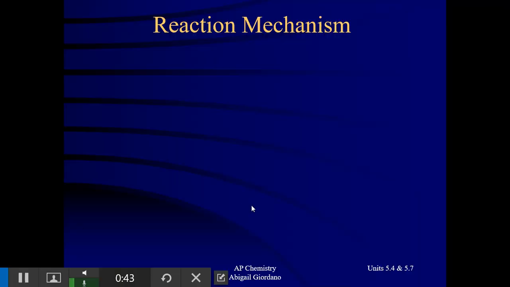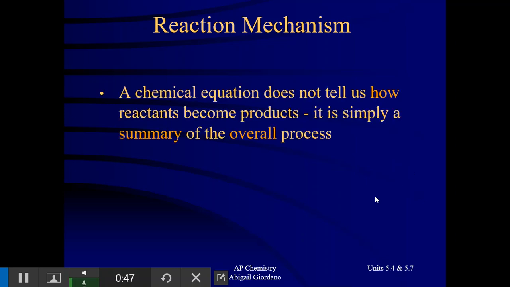All right, so the first thing that it's really important to understand is that when we look at a chemical reaction, we are simply seeing the overall process of how the reactants turned into products. We're just seeing a summary. What were the original reactants? What were the final products?